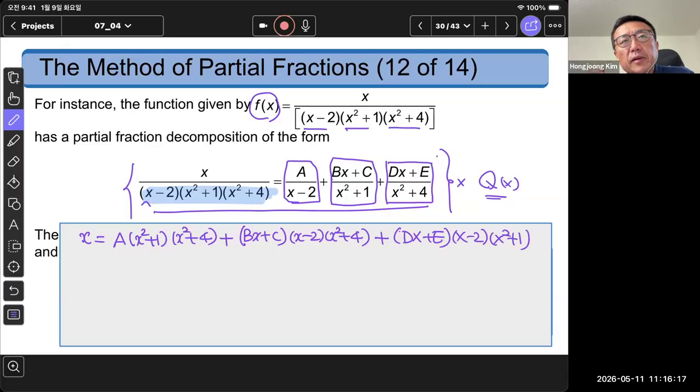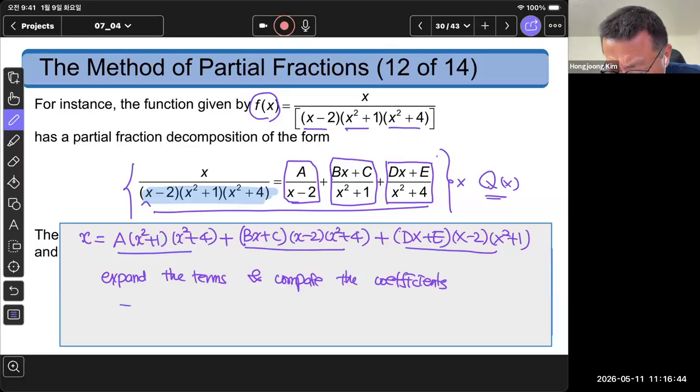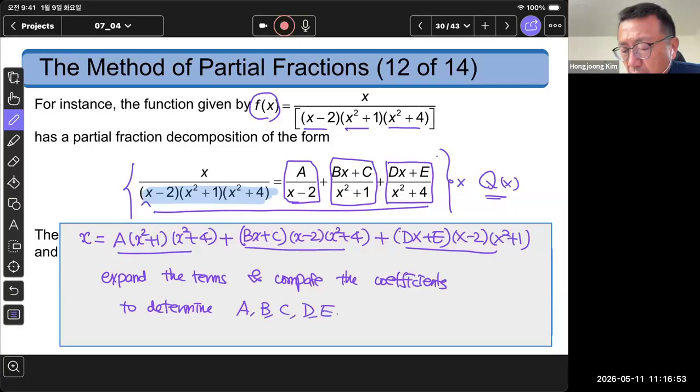Okay? And then you arrange these, expand these terms and compare the coefficients to determine A, B, C, D, and E. So you can find this.